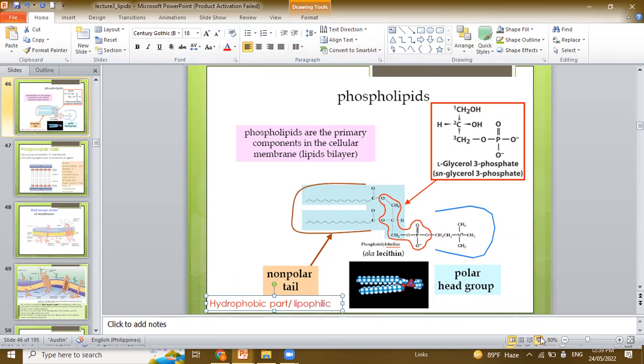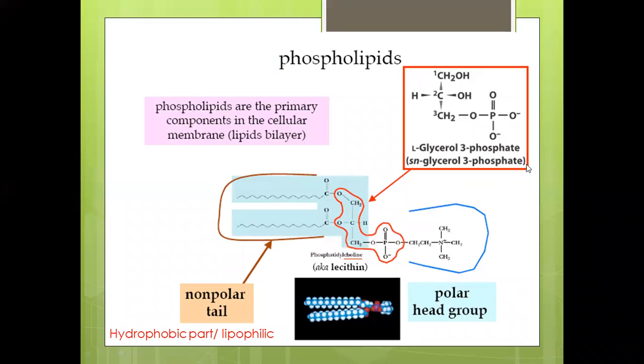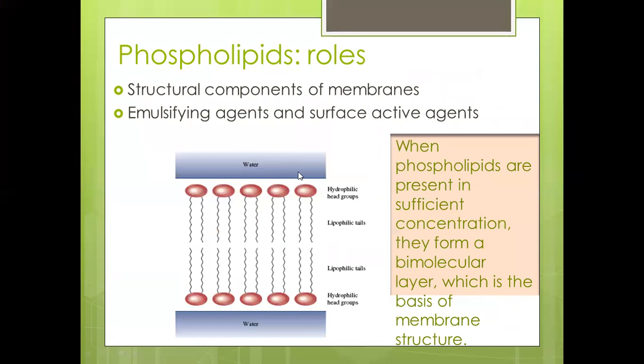Again, these are the parts that you can see in the phospholipids. You have two tails here, the hydrophobic part. When you look at the components of the membrane, it looks like this. What is exposed to the water is the hydrophilic head or the polar end, and what is inside the membrane is the lipophilic tails or the hydrophobic part.